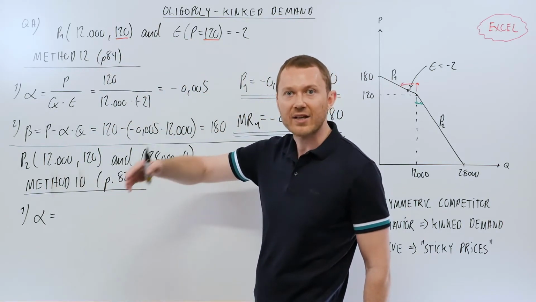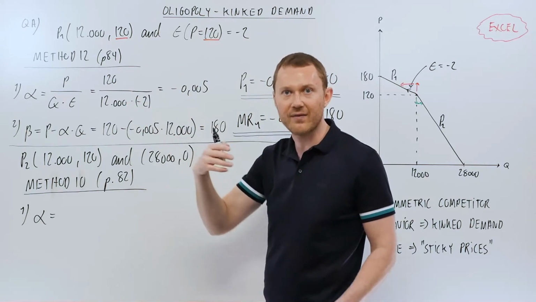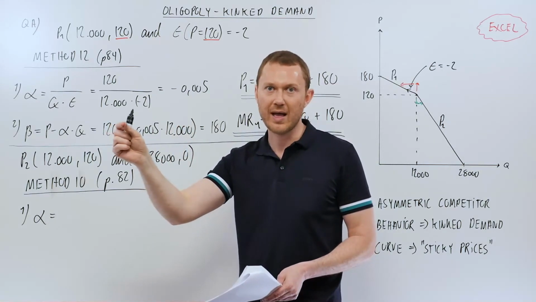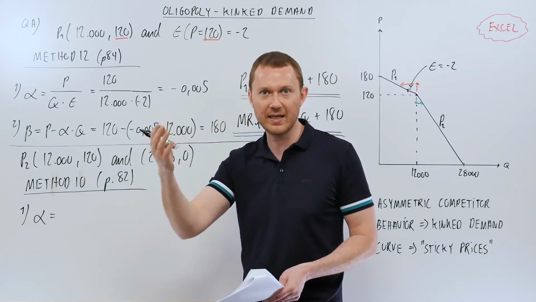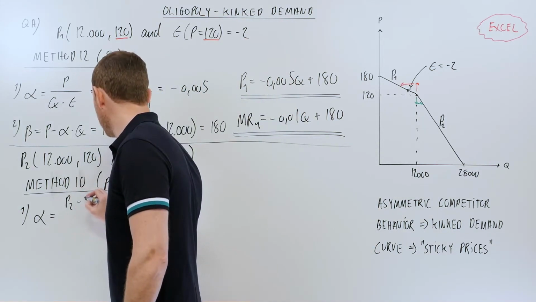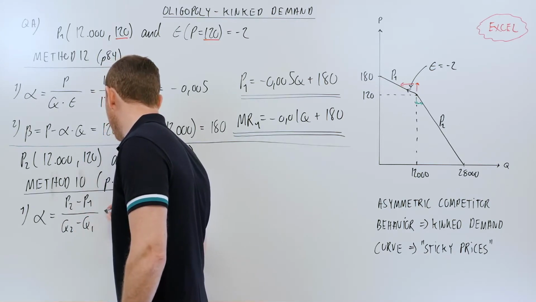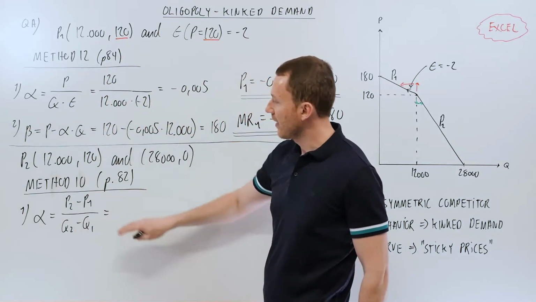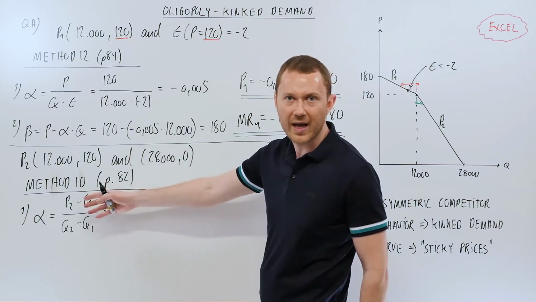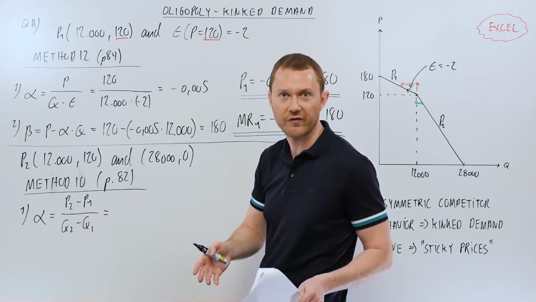We find that by subtracting the y values, y2 minus y1 divided by x2 minus x1. But in this case, y is p and q is x. So I actually write p2 minus p1 divided by q2 minus q1. This formula, instead of p and q, x and y, you should have seen before many times at high school and so on.